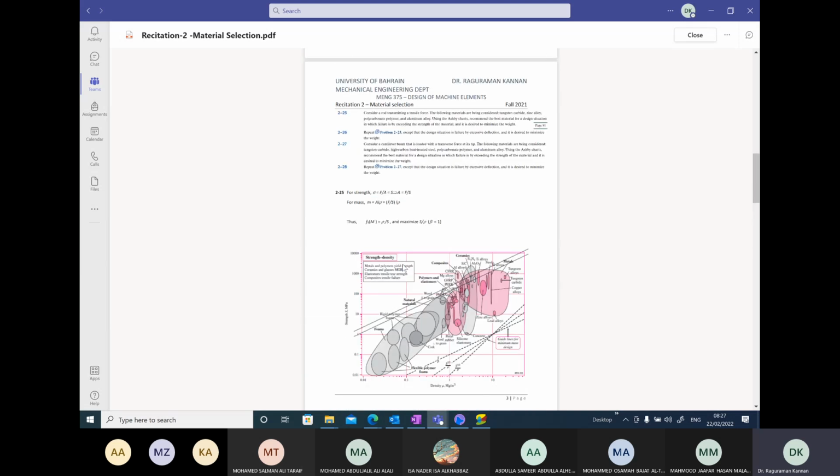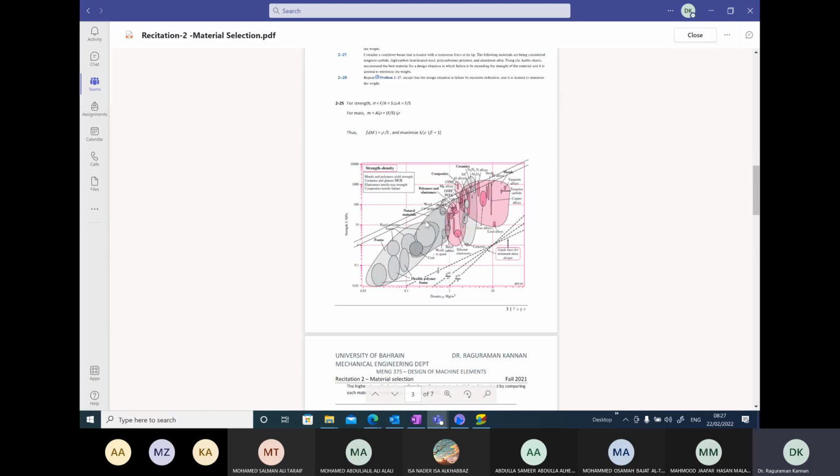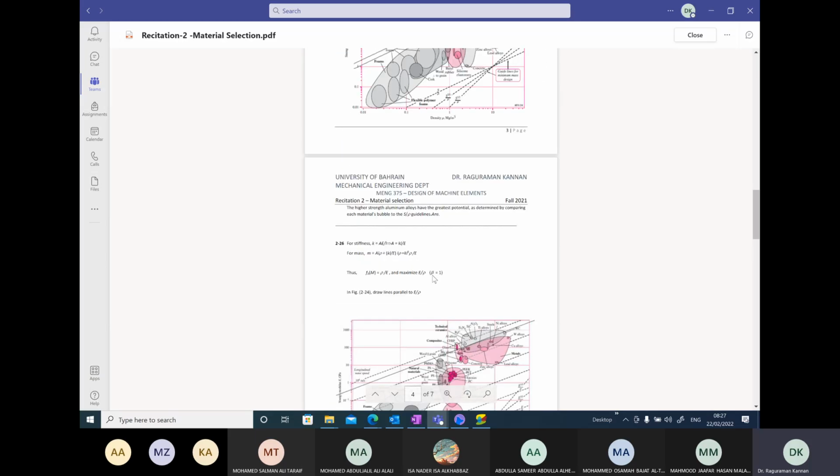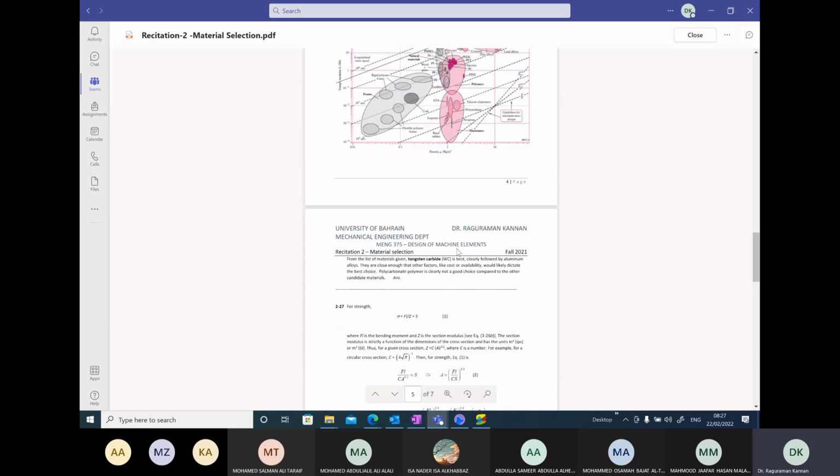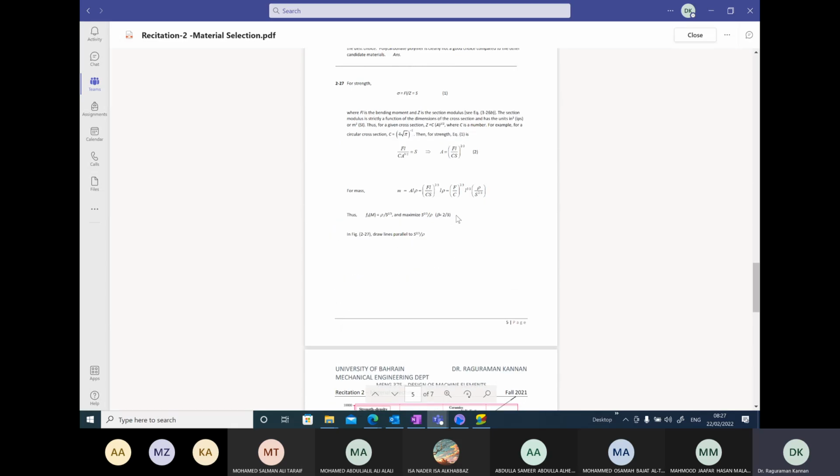So this is the example problem on strength for an axial rod. We have already seen that. For deflection, stiff rod, there are more examples here for the beam case. In case you are asked regarding a light stiff beam, how to solve for it, especially for a circular cross section.